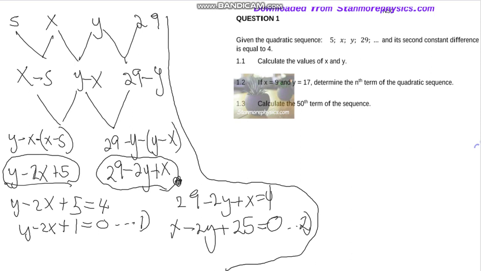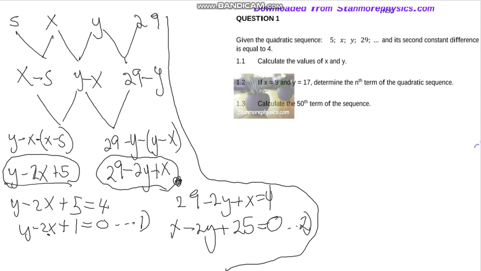Once you have this, you need to solve these simultaneously, because if you check here, you've got an x and a y. Here you're having 2x, here you're having 2y.